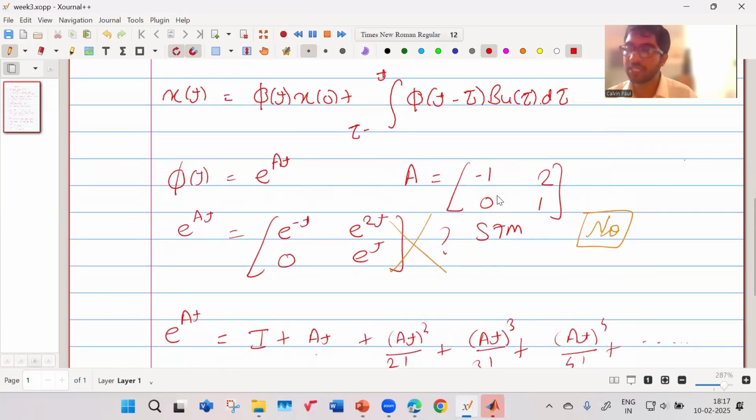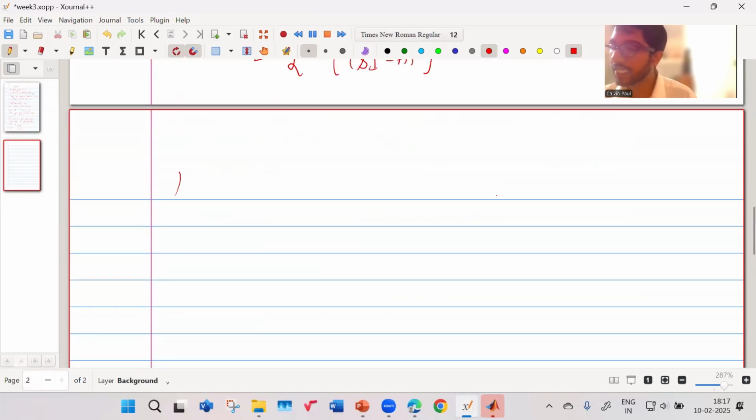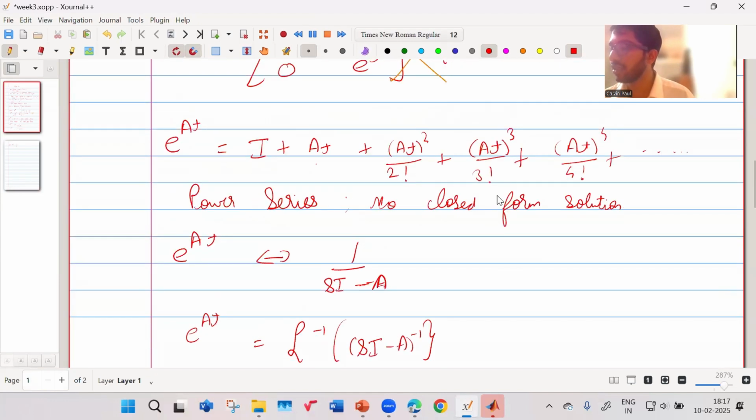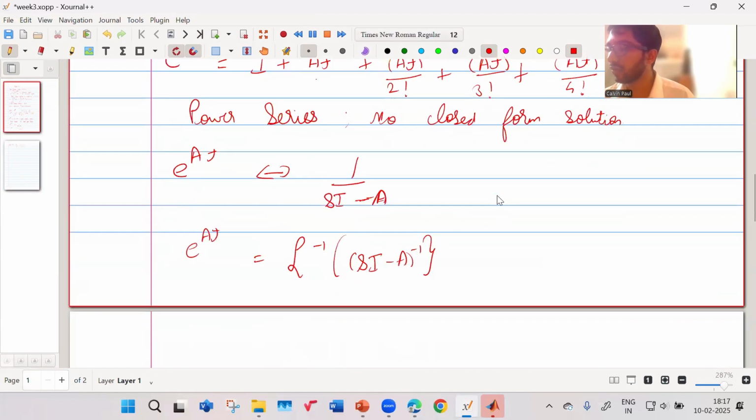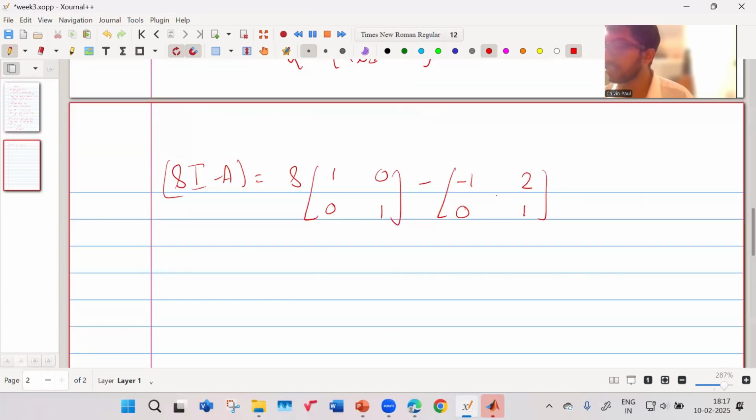We have A as -1, 2, 0, 1. So what is sI minus A? That is s into the identity matrix 1, 0, 0, 1 minus A, which is -1, 2, 0, 1. So that is equal to s plus 1, minus 2, 0, s minus 1. This is sI minus A. Now how do I find sI minus A inverse?